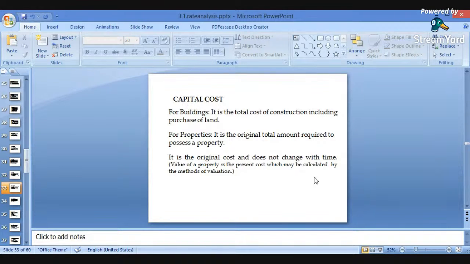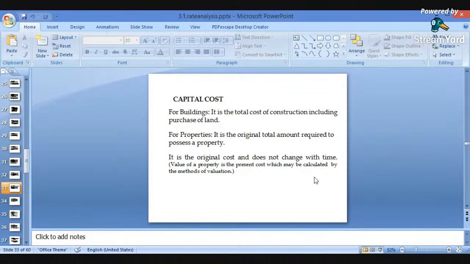For properties, it is the original total amount required to possess a property. So it is the original cost and does not change with time, because it is the actual cost required for its construction.